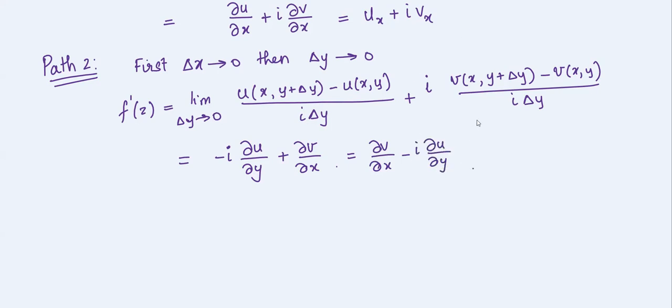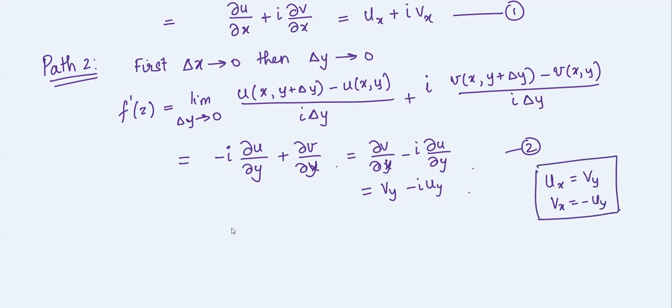So these two are equal. This and this should be equal. This is v y, sorry. So from here we get the Cauchy-Riemann equations. The real parts should be equal and the imaginary parts should be equal. So that's how we get the Cauchy-Riemann equation.